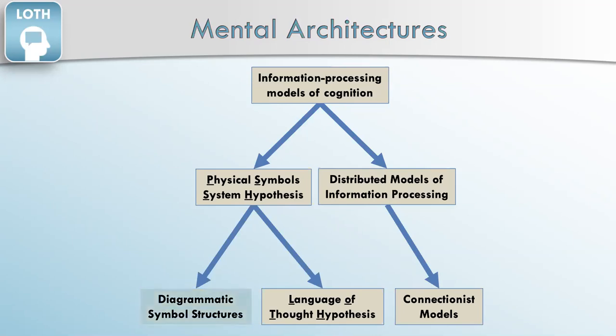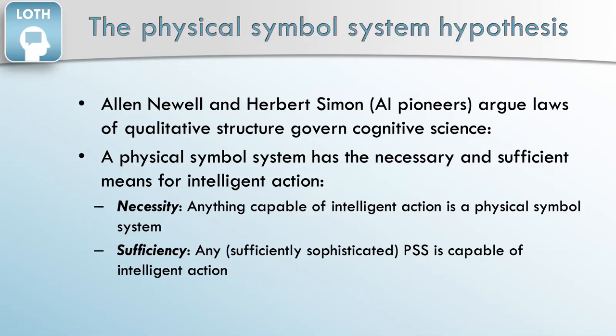So we're going to first start off with diagrammatic symbol structures to help present this idea of the physical symbol systems hypothesis. And then we're going to do the language of thought and then wrap up.